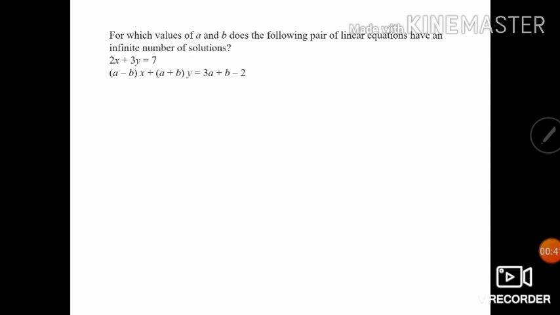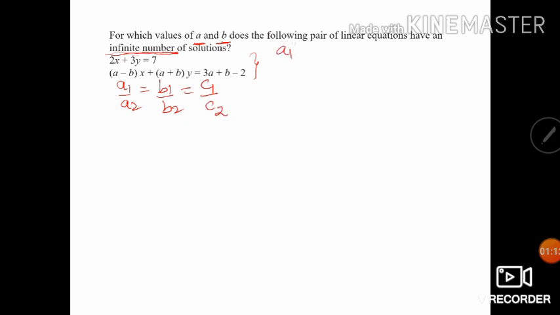So here we have to find out the values of a and b. We use this information from the question that this pair has infinite number of solutions. To have infinite solutions, it must satisfy the condition for infinite number of solutions, which is a1 upon a2 equal to b1 upon b2 equal to c1 upon c2.